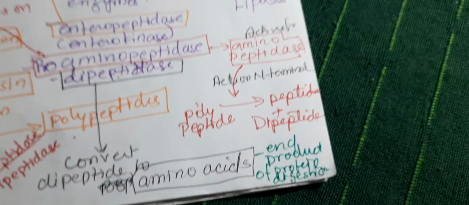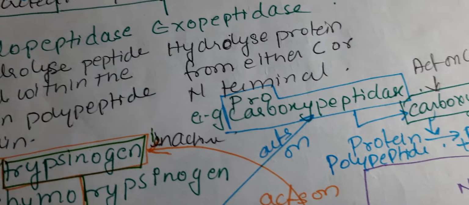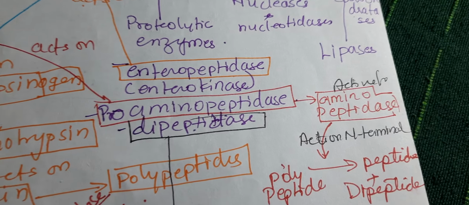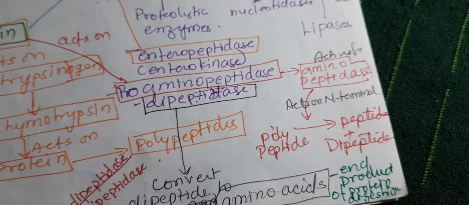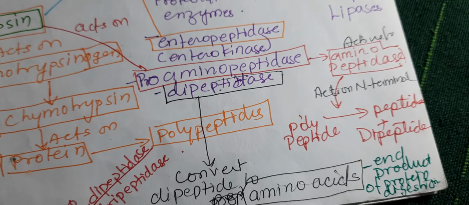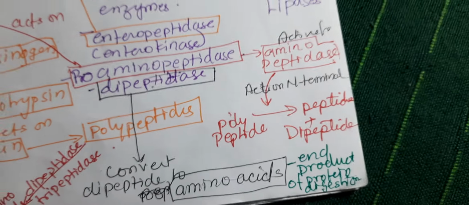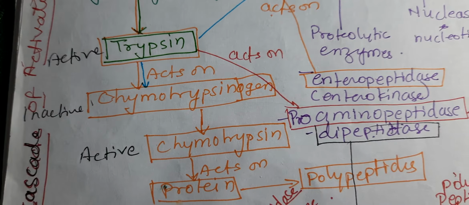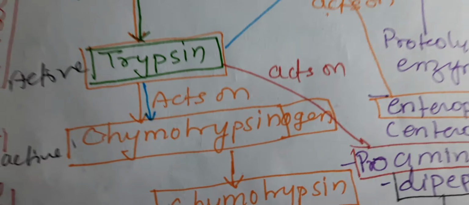The difference between carboxypeptidase and aminopeptidase is that the carboxypeptidase is secreted by the pancreas, whereas the aminopeptidase is secreted by the intestinal juice, and aminopeptidase acts at the N terminal, whereas carboxypeptidase acts at the C terminal of the polypeptide or protein. So this is how the protein gets converted into amino acid. Now you can see here that one enzyme gets activated, and it activates another. So this mechanism is called cascade of activation.